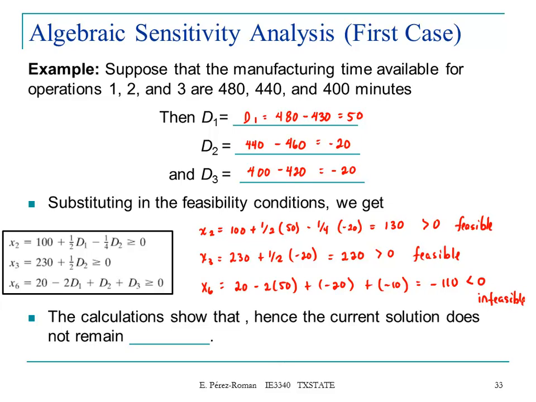So remember, what we're trying to see is whether you are satisfying the conditions. These conditions mean that you need to be greater than or equal to 0 in order for the solution to be feasible. x2 and x3, when you substitute d1, d2, and d3, give you positive values, but when you substitute in x6, it gives you a value that is less than 0. So that is infeasible.